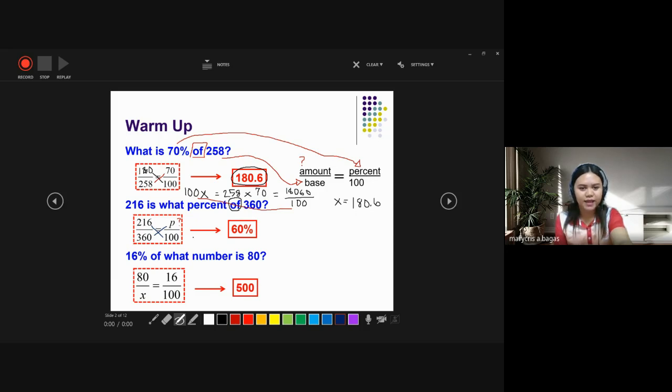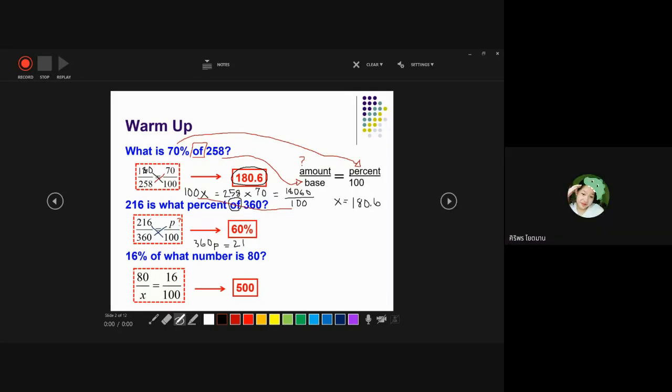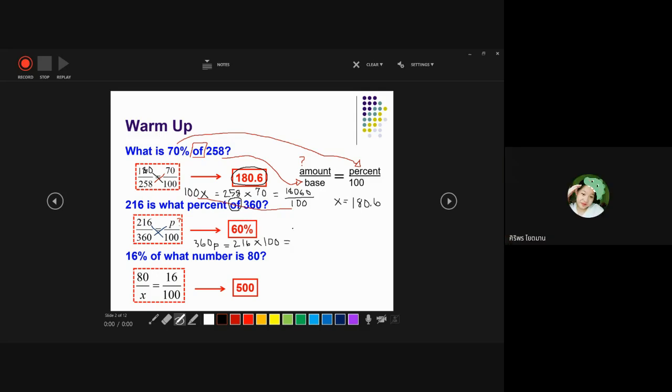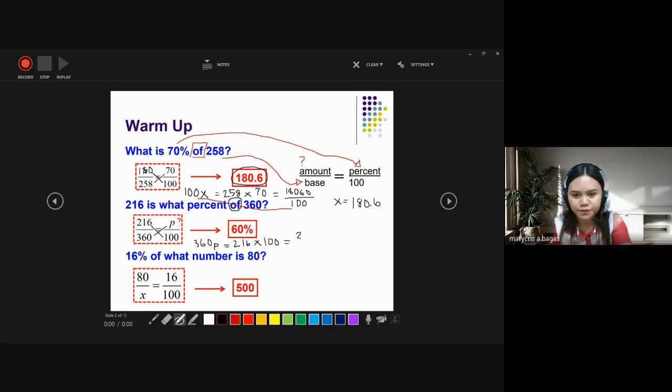Okay, so let's write 360 P is equal to 216 times 100. 216 times 100 is 21,600. Then what is our over?